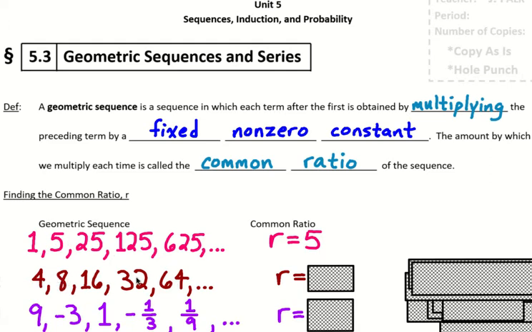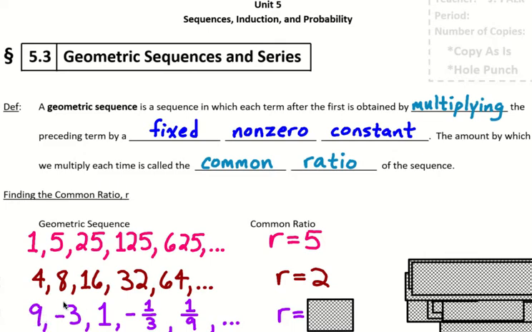And in the maroon sequence here, what are we always multiplying by to jump to the next term? 2. We're always multiplying by 2. And the purple one is a little bit more challenging, I guess. What's r?